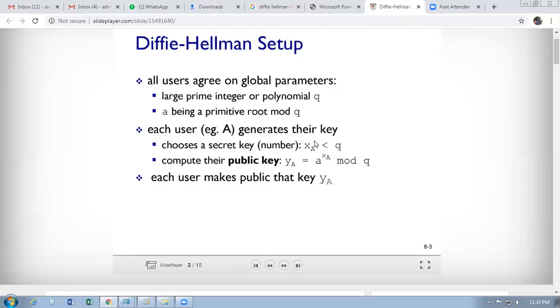Using this secret key, he can generate his public key. The formula for generating a public key is YA equals alpha power XA modulus q, or a power XA modulus q. So this is how he generates his own public key. Now we have both a secret key and a public key. Each user makes the key YA public, that is, the public key is publicly available to all persons.